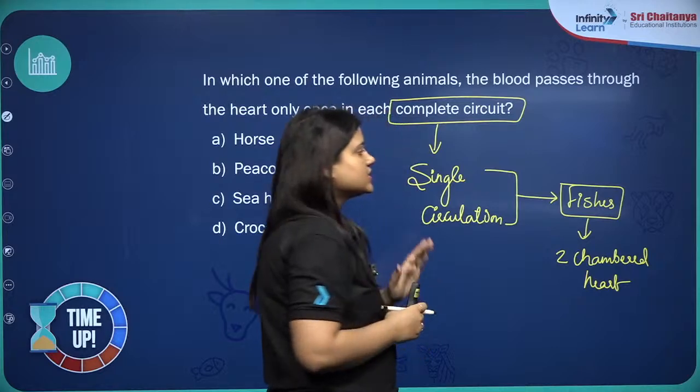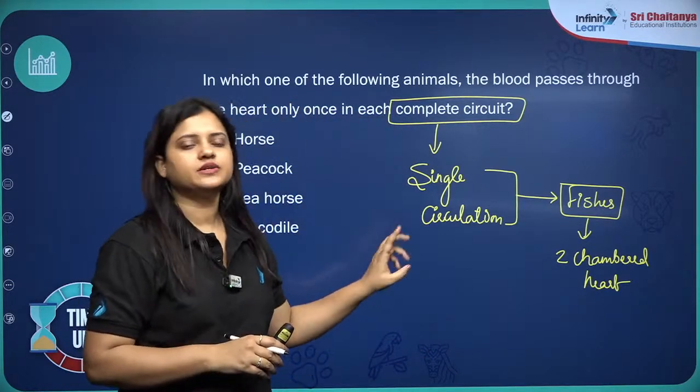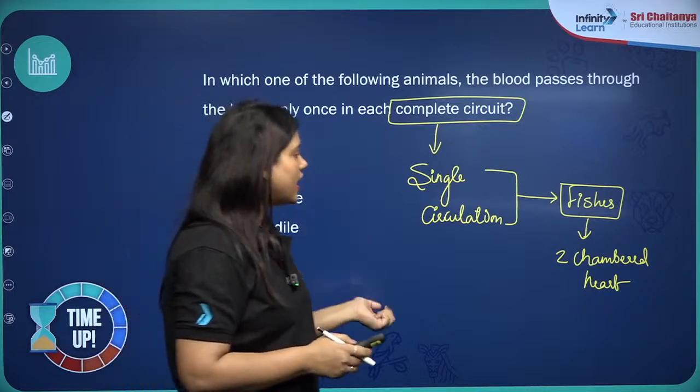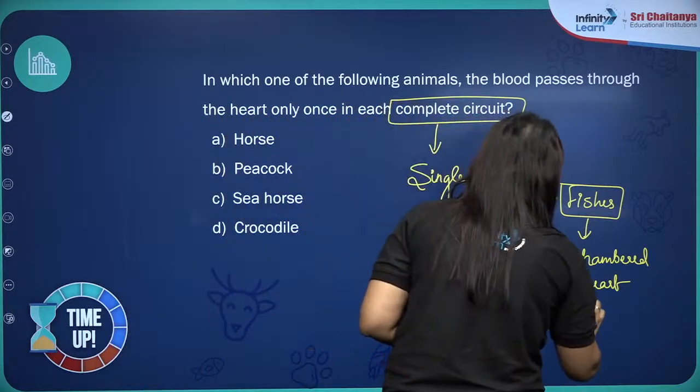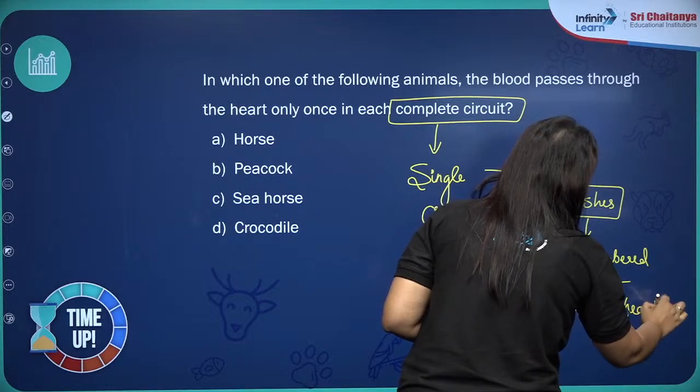In this two-chambered heart, the blood will be pumped only once by the heart, and this type of heart is also termed as venous heart.